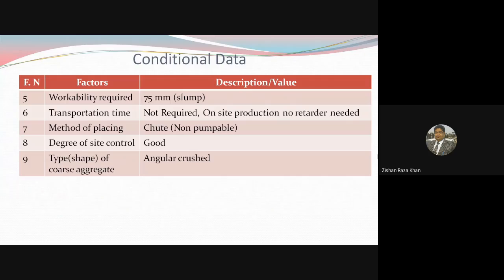Now, the next point is workability. A 75 mm slump is selected. No additional transportation time is required, as it is very near to the site production, and no retarder is added. Method of placing is chute, and degree of site control is good. Type and shape of aggregate is considered as angular.